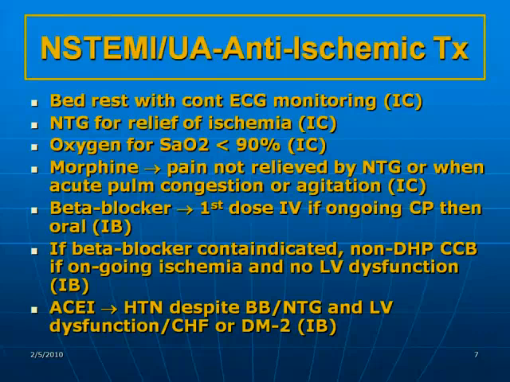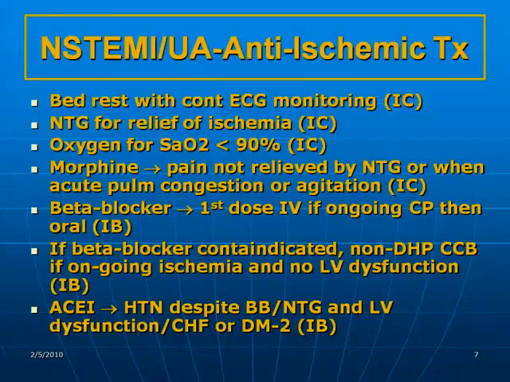So what the guidelines have done is to kind of divide the treatments into those that are used to treat ischemia, those that are used as antiplatelets, those that are used as antithrombotic, etc. So on slide 7, they have anti-ischemic intervention, drugs or interventions that reduce ischemia.